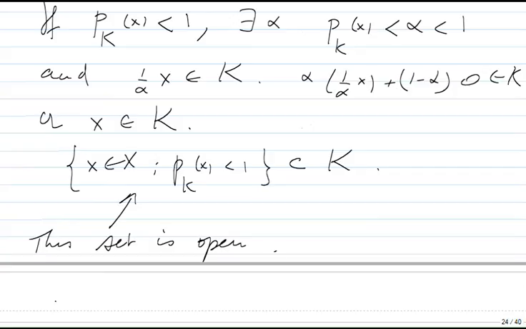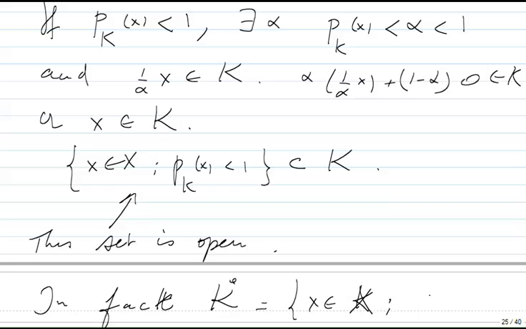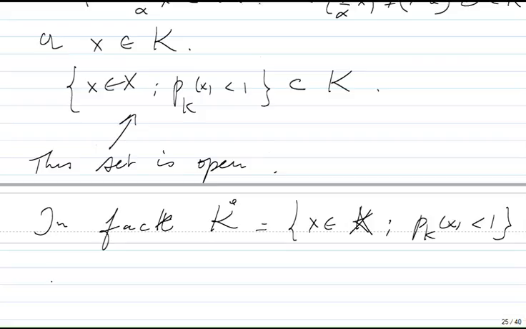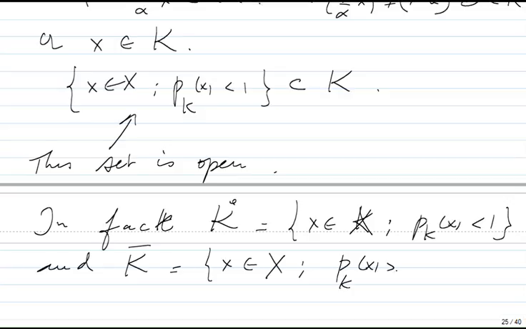In fact, K interior is the set of x in X such that pk of x is less than 1. And K bar, because of the continuity of pk, is exactly the set of x in X such that pk of x is greater or equal than 1.